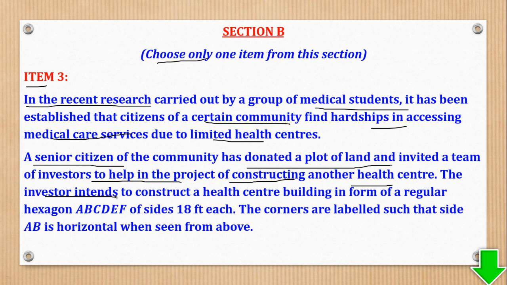The investor intends to construct a health center building in form of a regular hexagon ABCDEF of sides 18 feet each. The corners are labeled such that side AB is horizontal when seen from above.